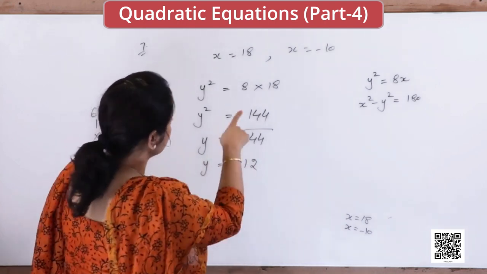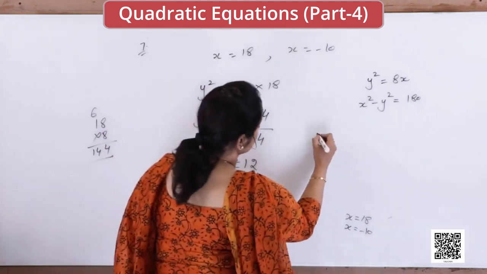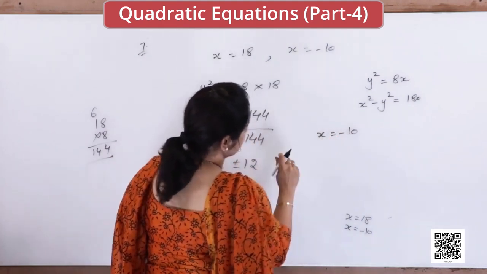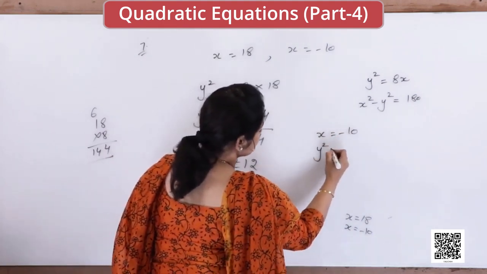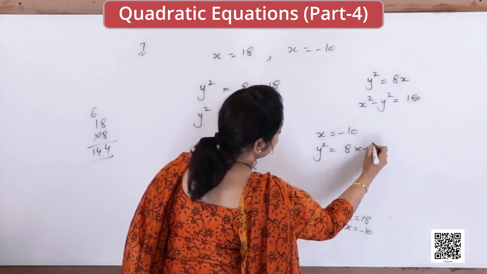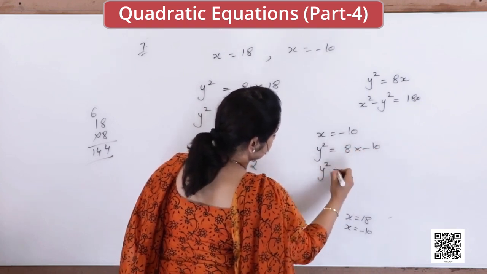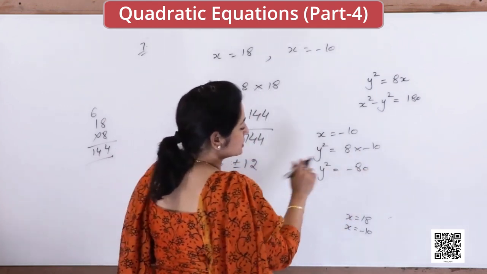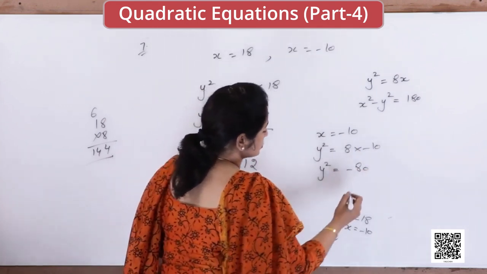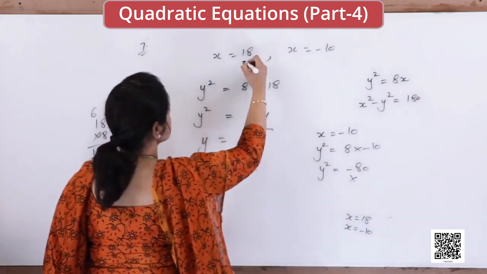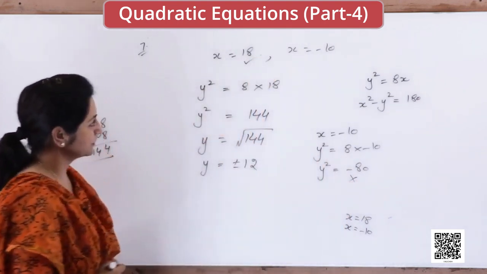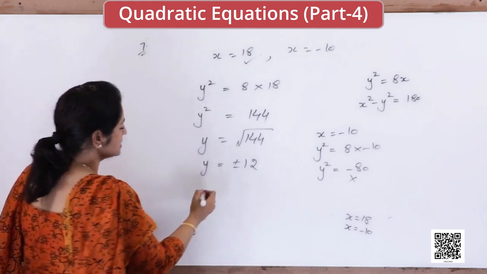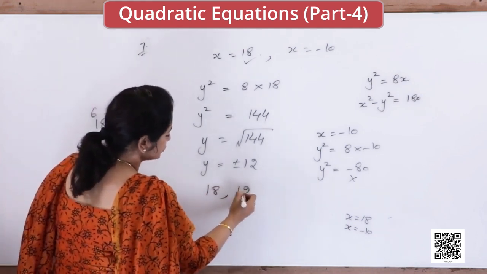Now if x is equal to minus 10, in that case y square will be equal to 8 into minus 10, that is y square will be equal to minus 80. Now the square of any number cannot be equal to a negative number. So this is not the right answer. The right answer is 18 here. So the two numbers we get are 18 and 12.